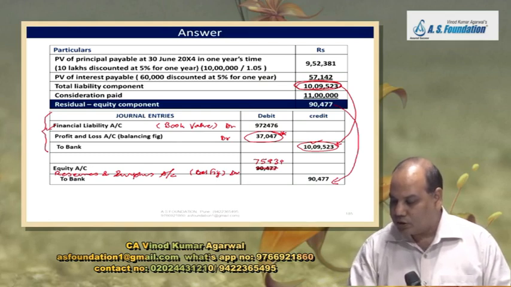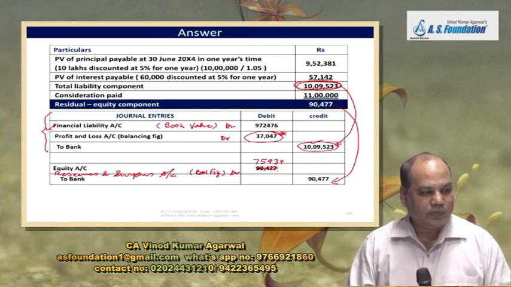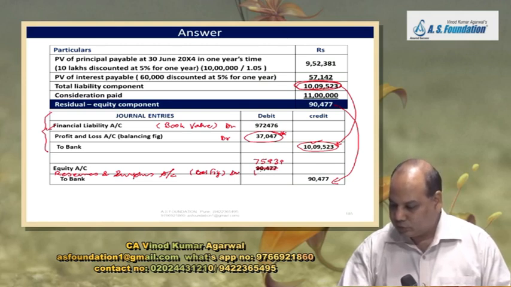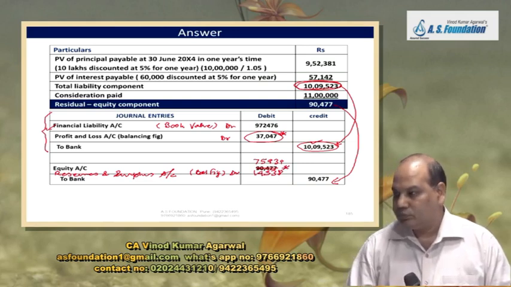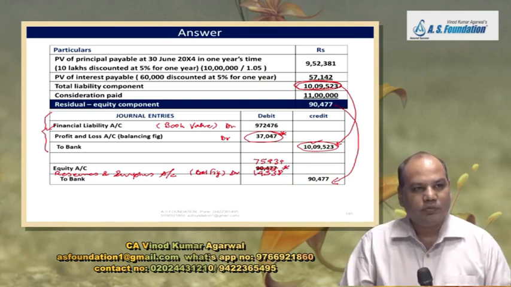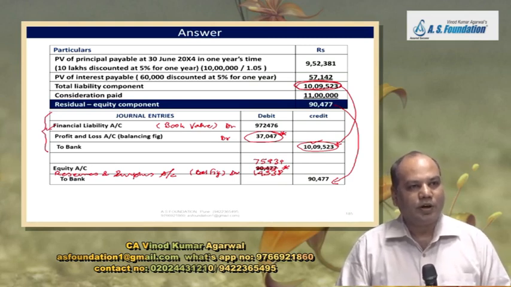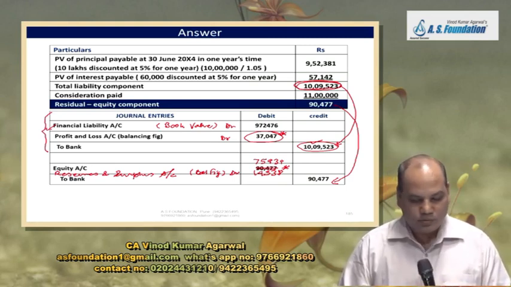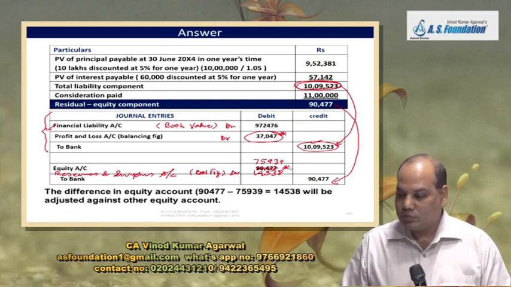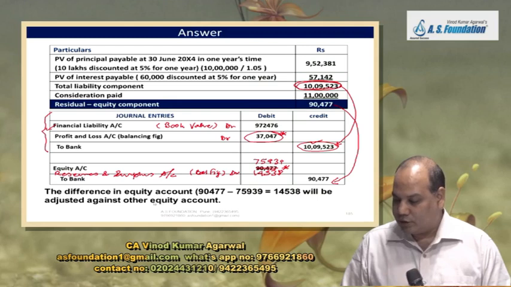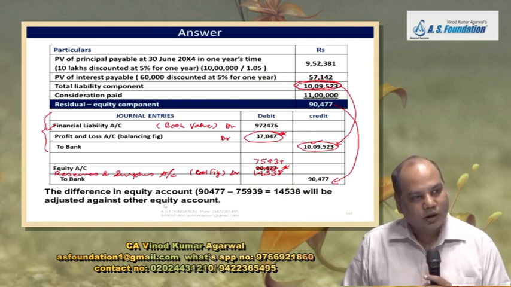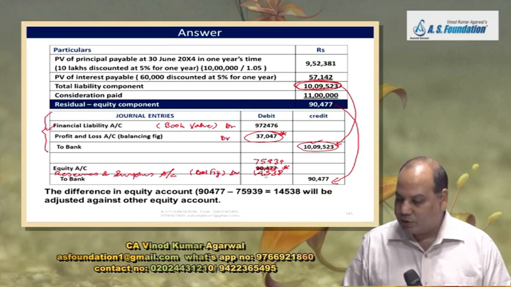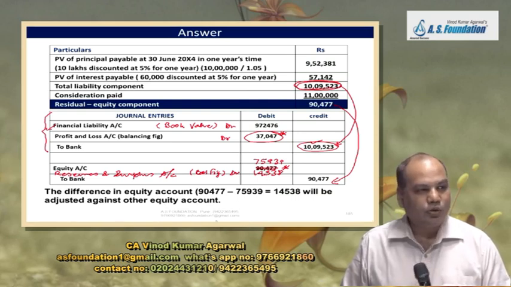So dear student, what is the amount you will adjust in reserve and surplus? 14,538. So the difference in the equity account will be transferred to any other reserve account. Is it right? So I have written a note: the difference in equity account will be adjusted against other equity account. Okay, so either you can present it in the journal entry or you can write a note below later.